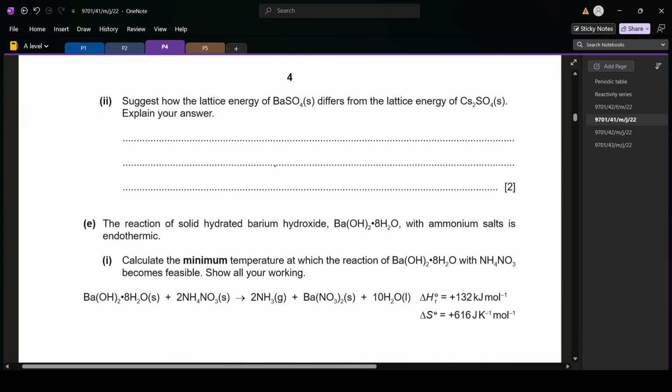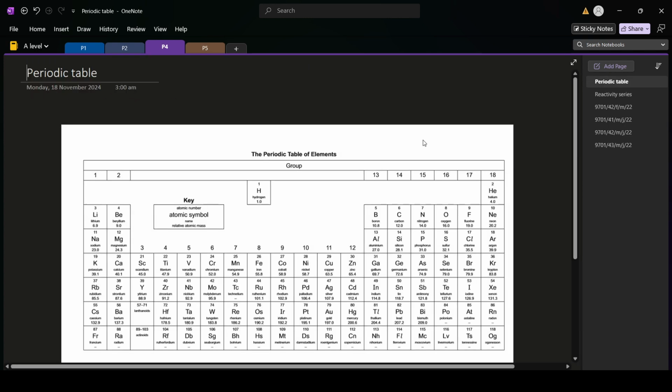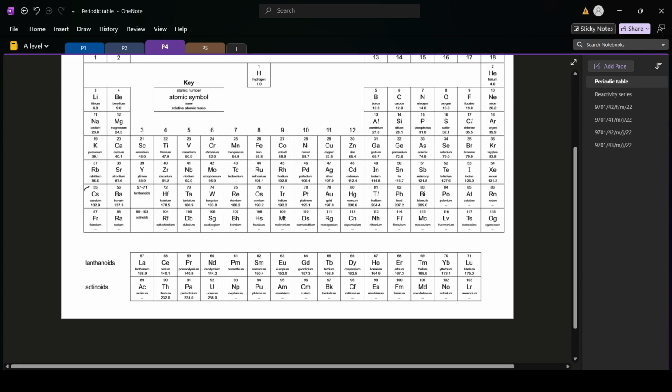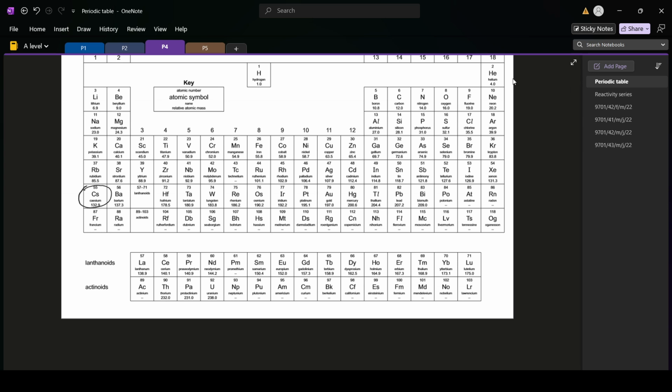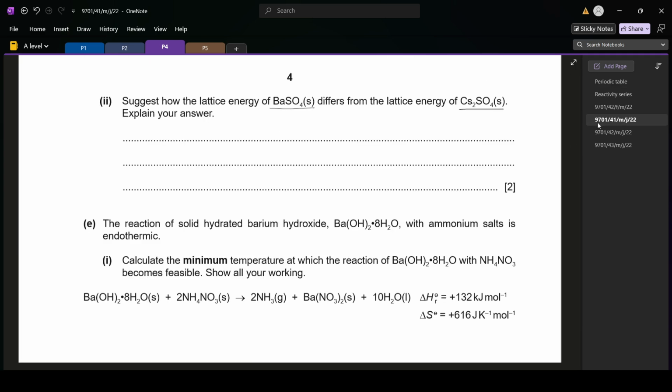Moving towards the next part: suggest how the lattice energy of barium sulfate differs from the lattice energy of calcium sulfate. Explain your answer.